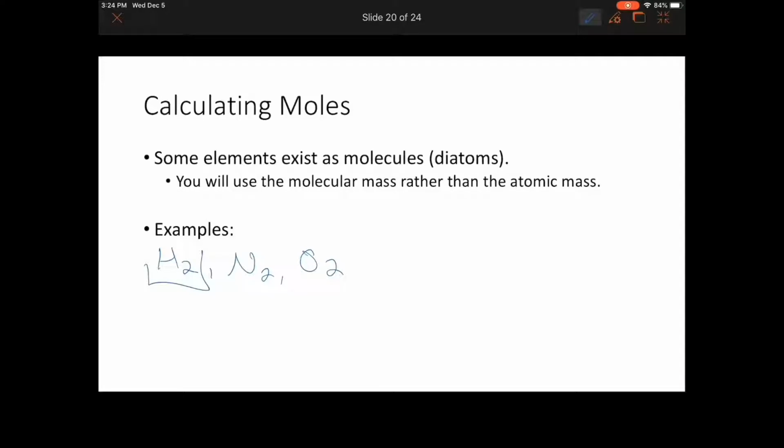Typically you'll see them written with an H2 or an N2 or an O2, and that's because in their natural environments, they do not exist on their own. They're either bonded to another atom of themselves or they make up a whole different compound. So for those, we would just calculate the molar mass of it, and you know how to do that. So the molar mass for this one we would use is 2 grams per mole.